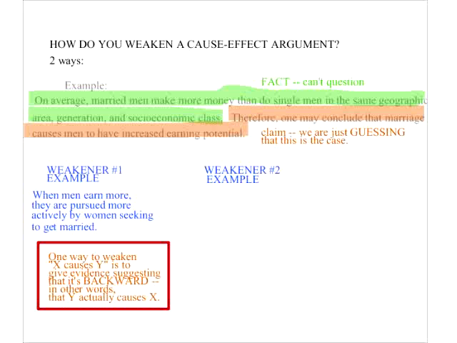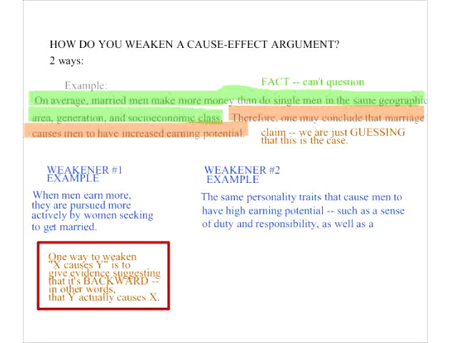What if it was something like this? The same personality traits that cause men to have high earning potential, such as a sense of duty and responsibility, as well as a conservative temperament, also cause them to be more likely to desire marriage.